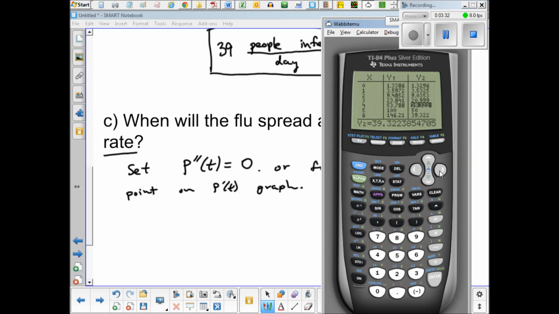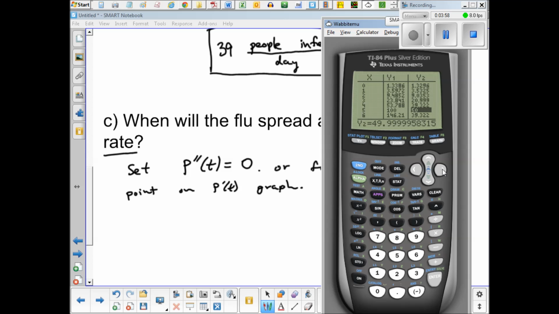Okay, but then the question says, when does the rate reach a maximum? We can kind of see it right here. It goes 39 people per day, 50 people per day, 39 people per day. So it just maxed out at 50 people per day on the 5th day. Okay, so turns out that the maximum rate, y2, is 50 people per day, and that was on the 5th day. So that's the answer to the question.